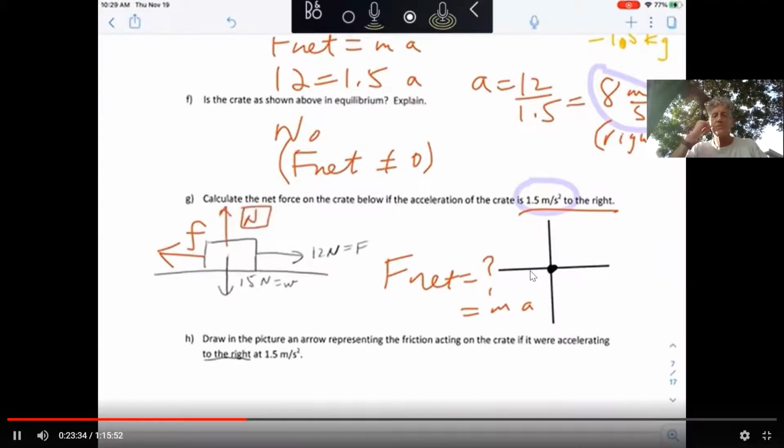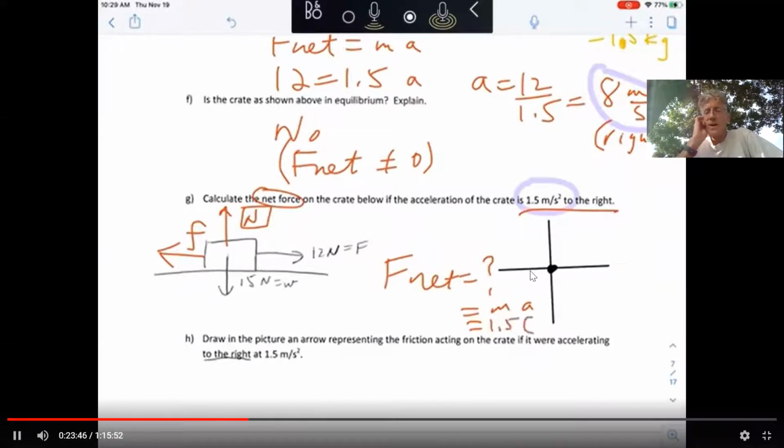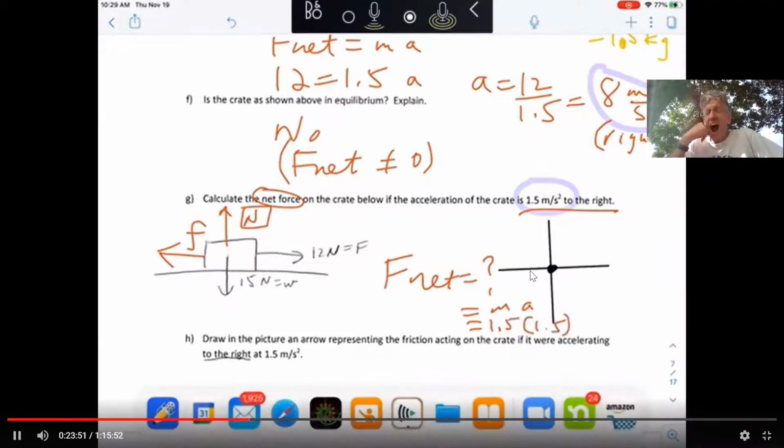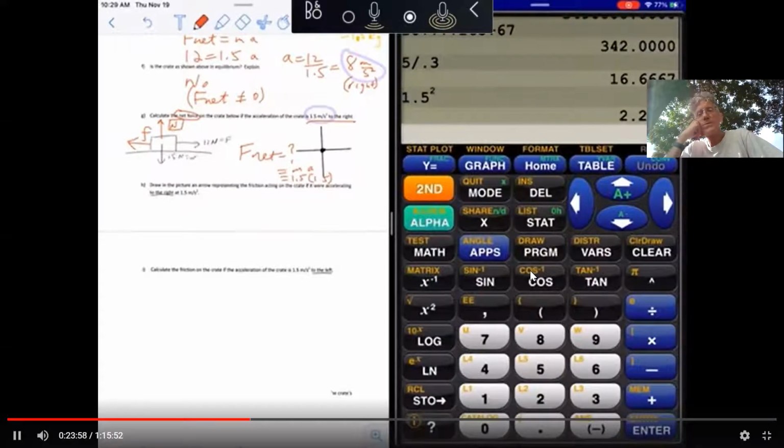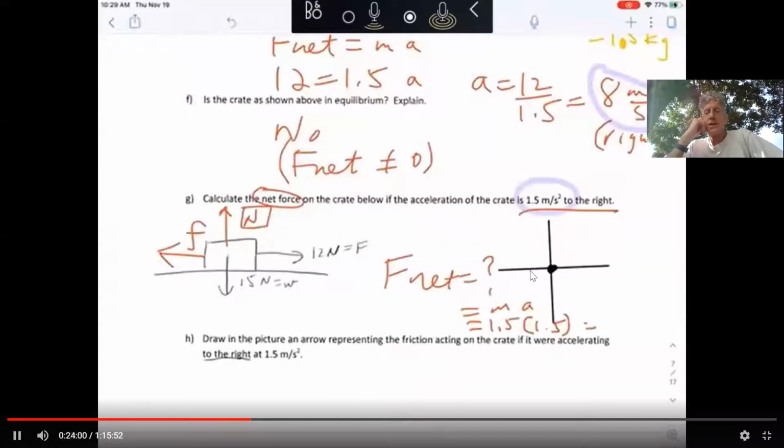So 1.5 times 1.5, and that's newtons. So I get 2.25 newtons. That would be to the right.